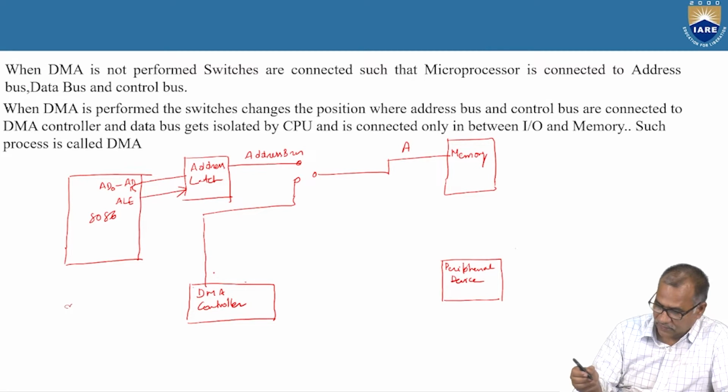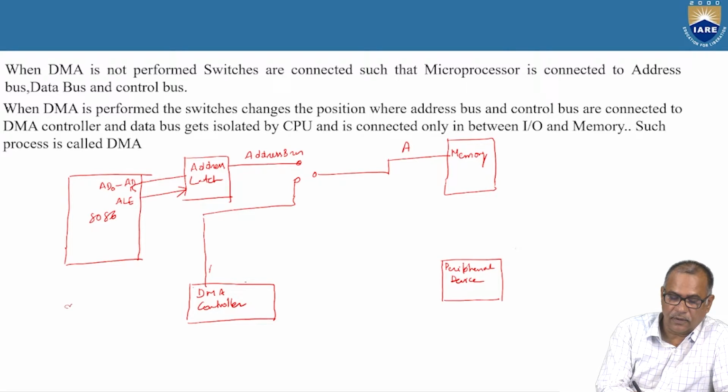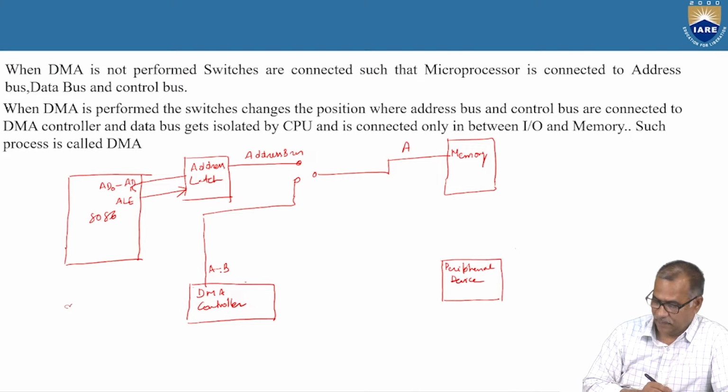I'll explain the sequence of operations after completion of the block diagram. This is AB, meaning address bus.